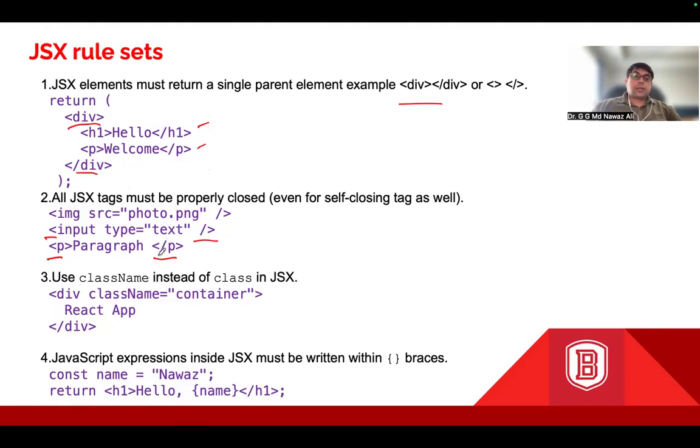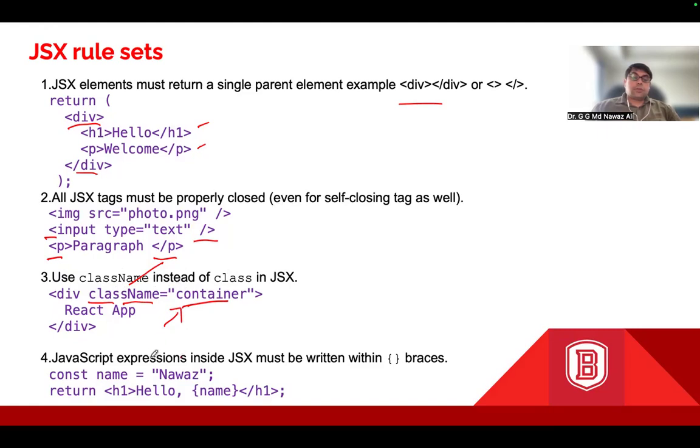The other thing is that if you use class, it should be named className instead of class. Let's say you want to add CSS to this class, then you define it as className. That's the difference between pure HTML and JSX expressions.